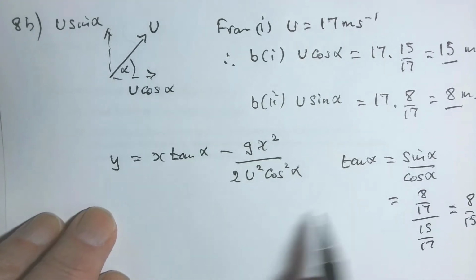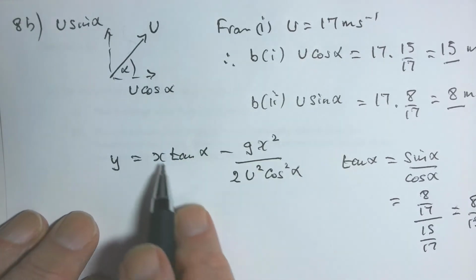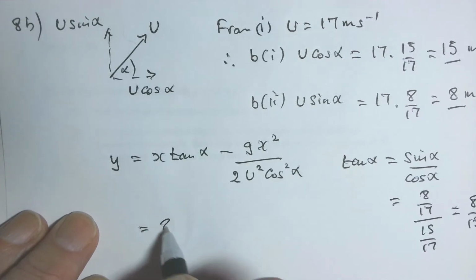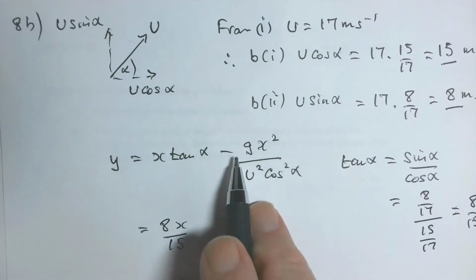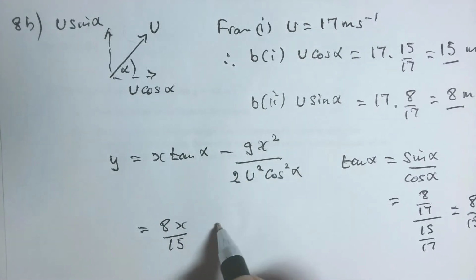So we substitute for tan alpha, giving 8x over 15, leaving g as it is.